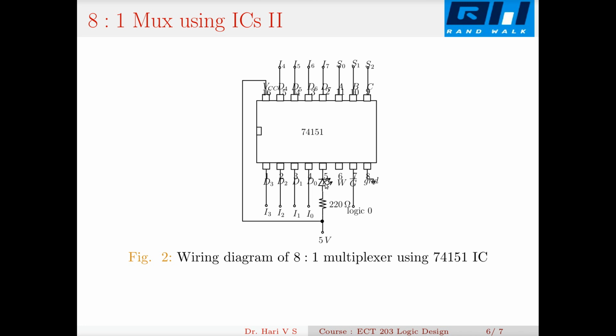And this is tested by an LED connected in the normally on configuration. That is, when pin 5 goes low, this LED glows, and when pin 5 goes high, this LED stops glowing. So this is how you set up an 8:1 multiplexer in the lab with the 74151 IC.